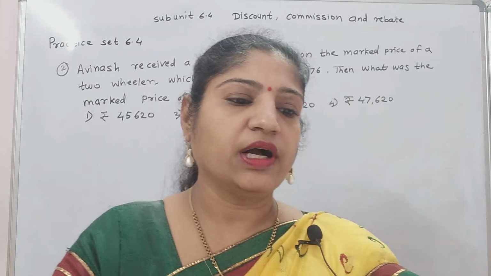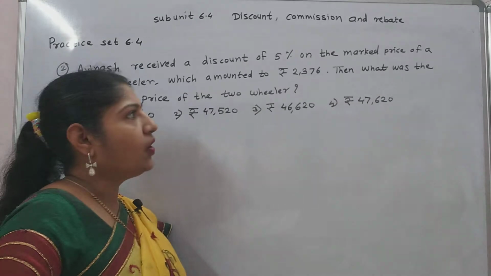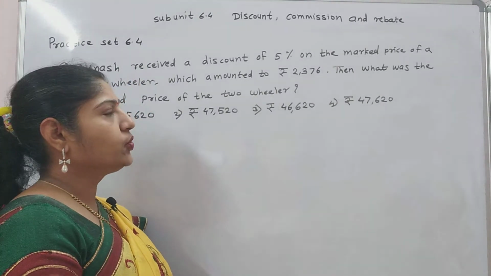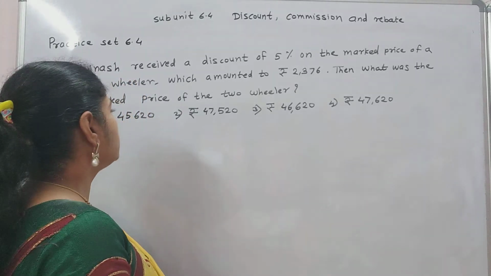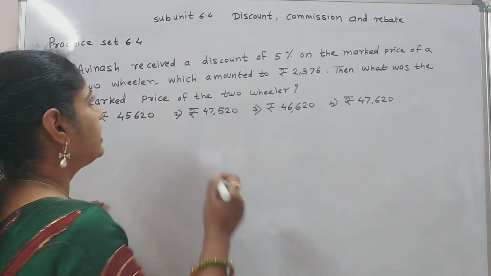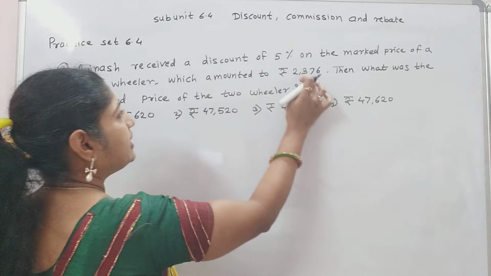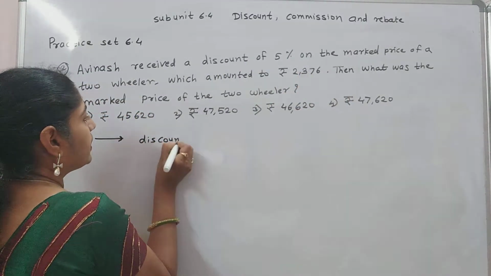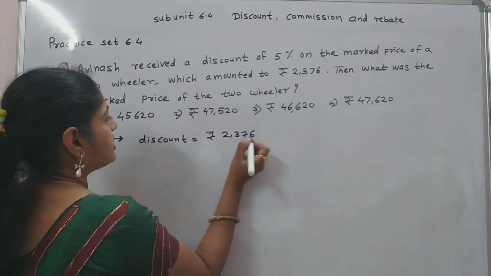Next example. Avinash received a discount of 5% on the mark price of a two-wheeler, which amounted to rupees 2,376. Then what was the mark price of the two-wheeler? Here discount percent is given, discount equals rupees 2,376.